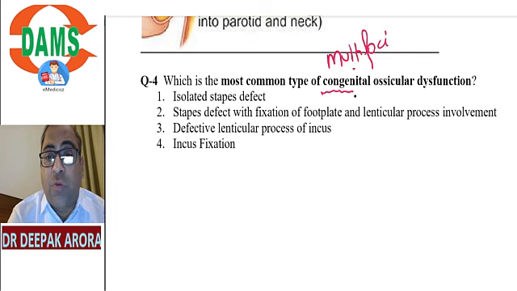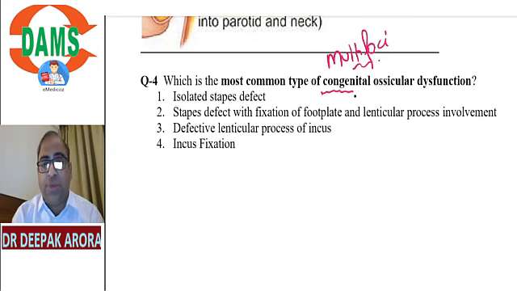You must have read this point in pathology. Pathology books mention that any congenital anomaly is multifocal. If my malleus is involved, my incus and stapes cannot be spared. If the stapes is involved, the other ossicles will definitely be involved. So it is not a single ossicle, it is multiple ossicles.